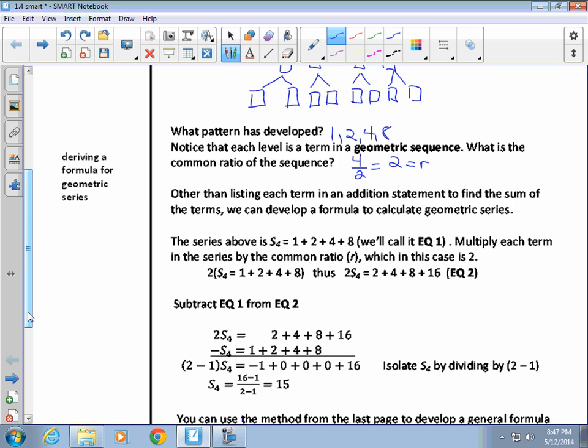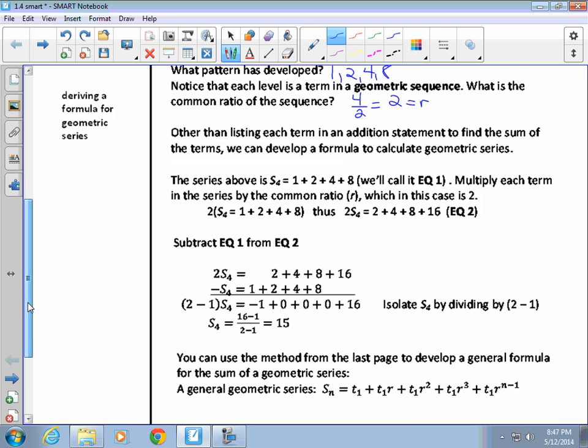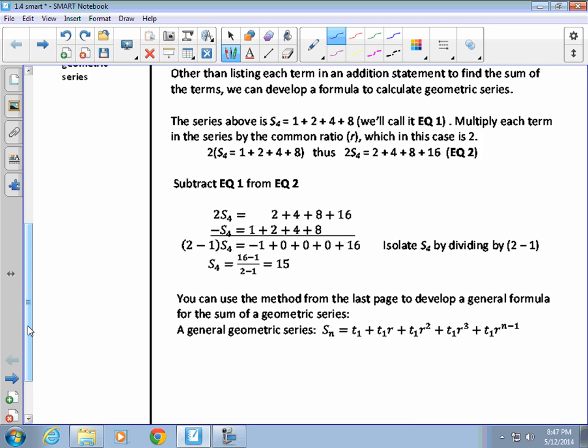If we subtract equation 1 from equation 2, equation 2 is 2 times S4 equal to 2 plus 4 plus 8 plus 16, minus equation 1, which was S4 equal to 1 plus 2 plus 4 plus 8. So we line them up. In essence, there is a 0 here and a 0 here.